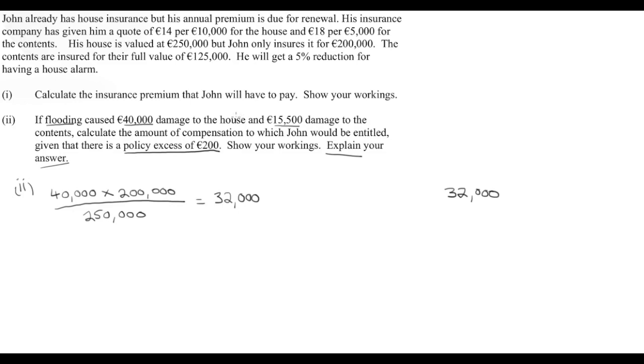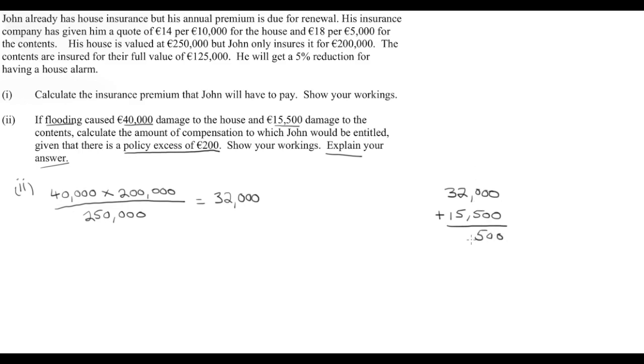So let's just put that over here. 32,000. Now he fully insured his contents, which means that he will get 15,500 euros from the insurance company to cover the damage done to his contents. So we'll add that up.